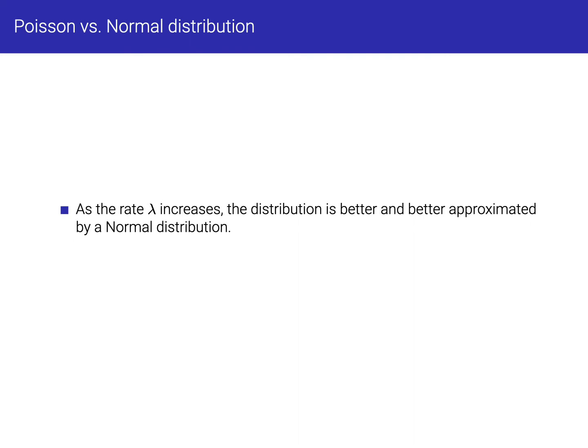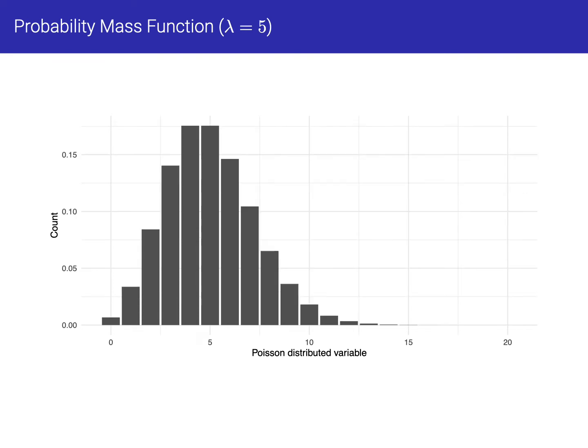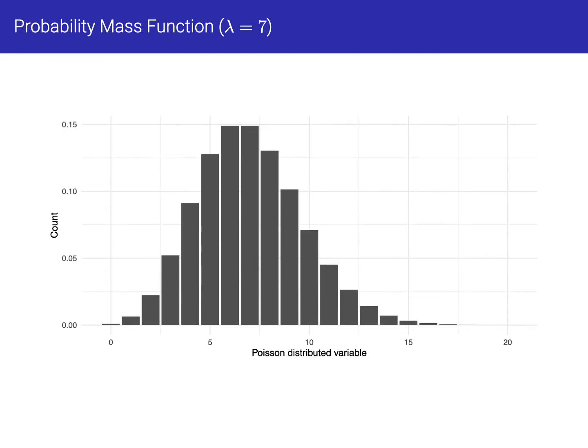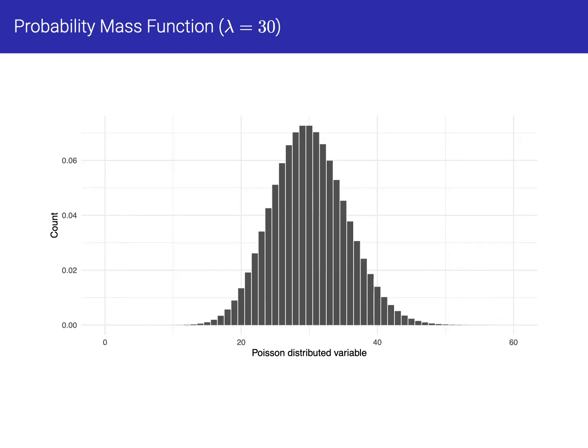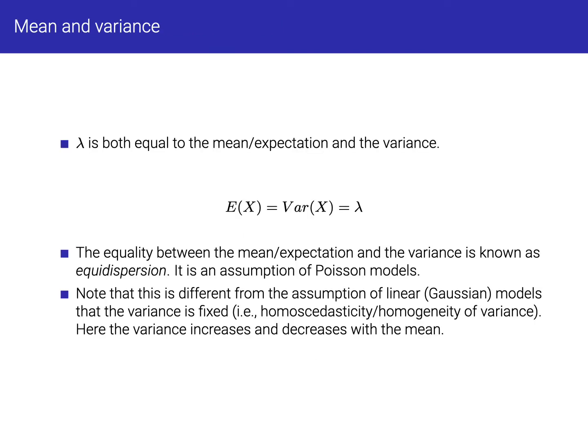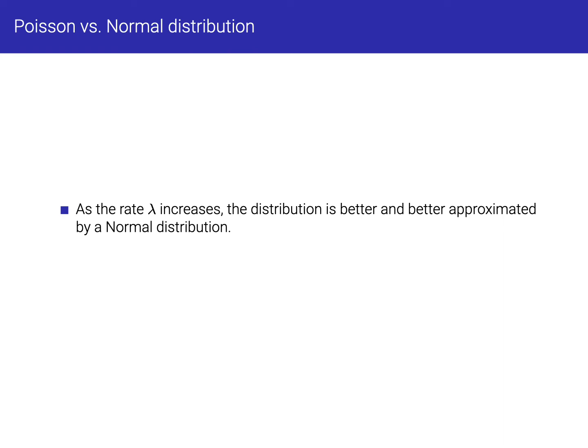So something we also have seen graphically, and there are mathematical proofs of that, is that as I increase the rate, the Poisson distribution will tend to a normal distribution.